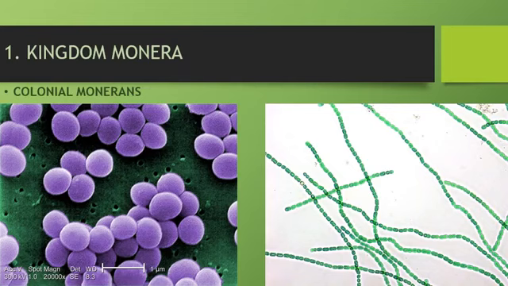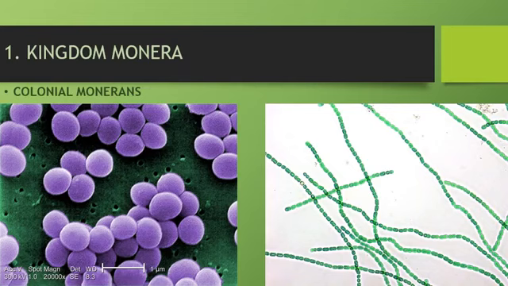Next is kingdom Protista. Organisms belonging to all the kingdoms are eukaryotes except kingdom Monera. Protists are also unicellular or colonial like monerans. Some of them have a cell wall and some are without a cell wall. The composition of the cell wall also varies among protists.